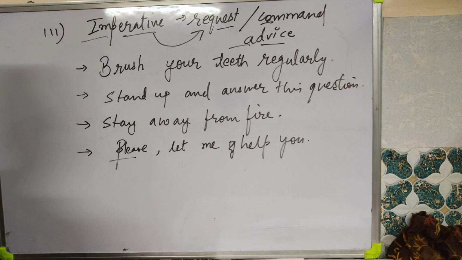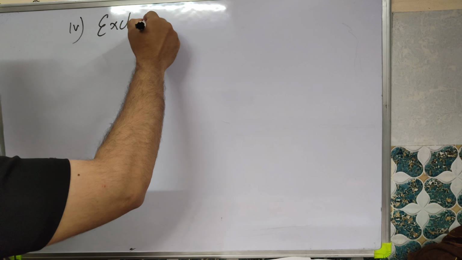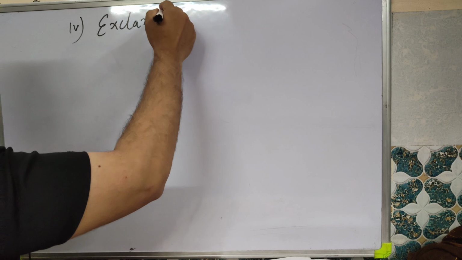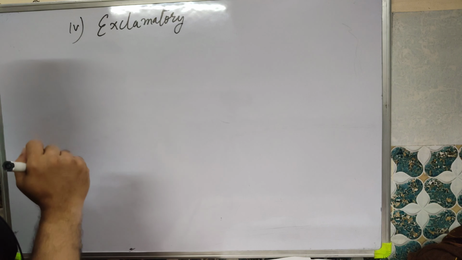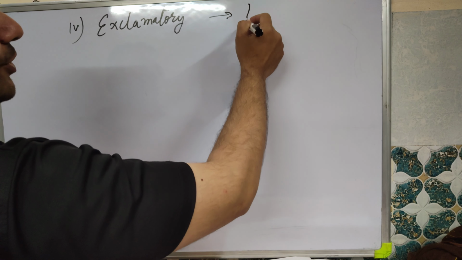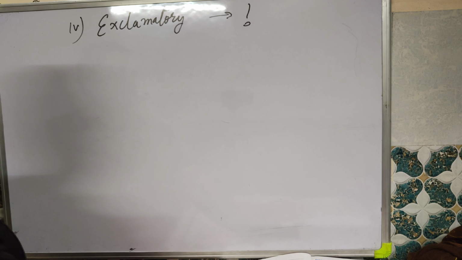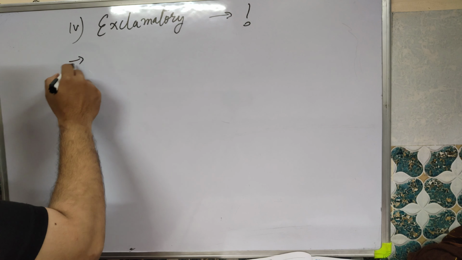Now this one is the last one, exclamatory sentences. Okay, now exclamatory sentences have an exclamation mark, obviously, so it shows you, okay, in the end there is an exclamation mark. Now let's see what kind of sentences we can have here.